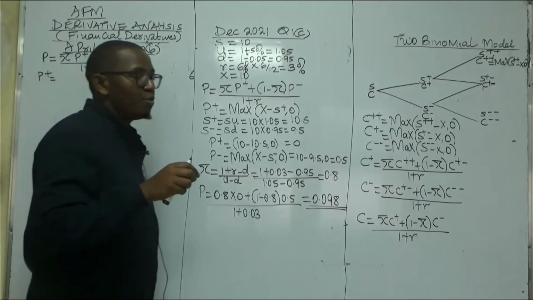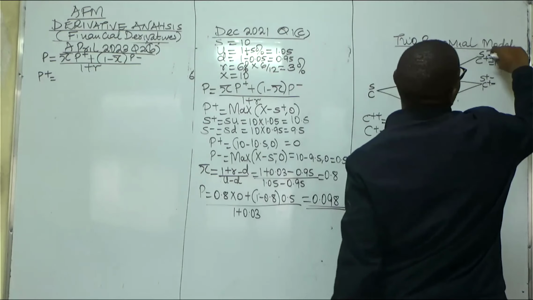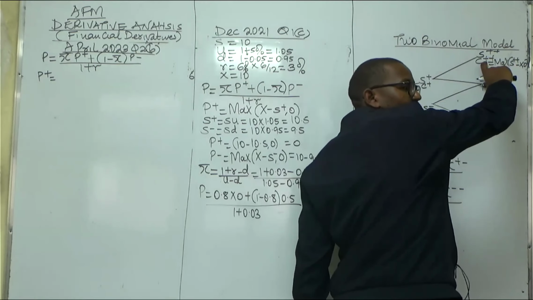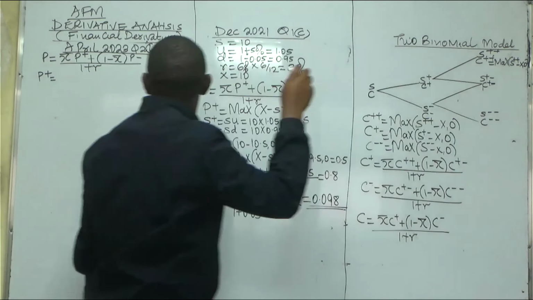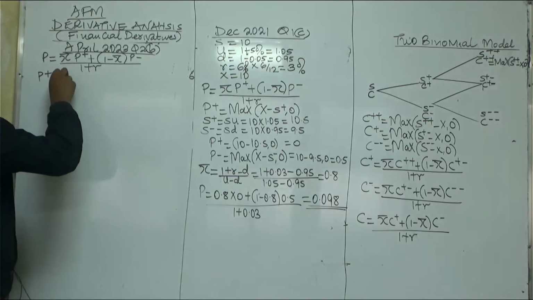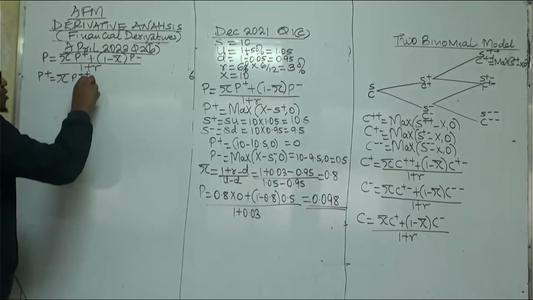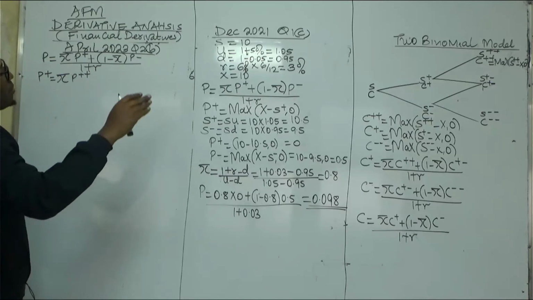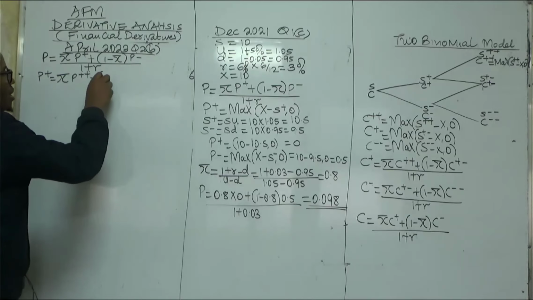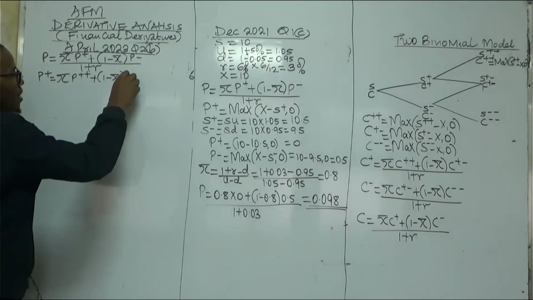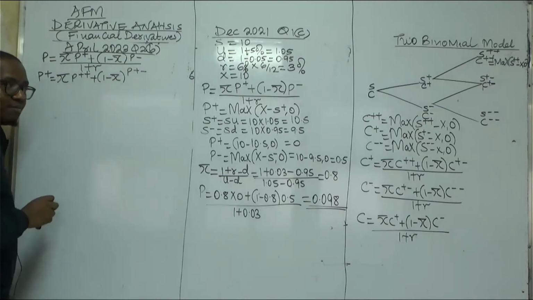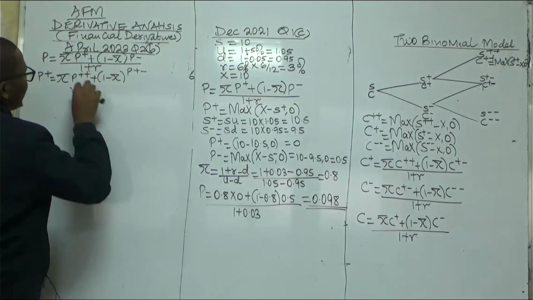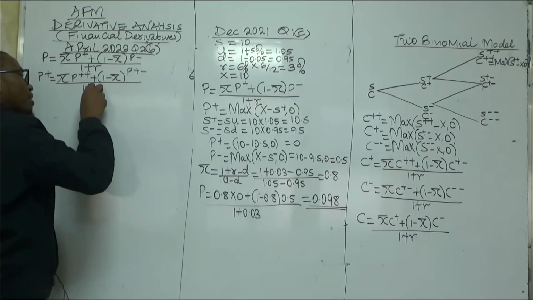Since it is a 2-period model, we get it by taking the value of a put when it goes up twice, P plus plus, plus 1 minus the risk neutral probability, P plus minus, and you divide by 1 plus R.